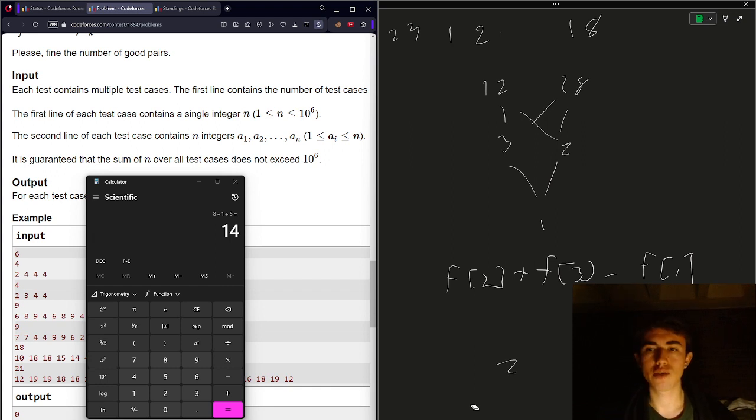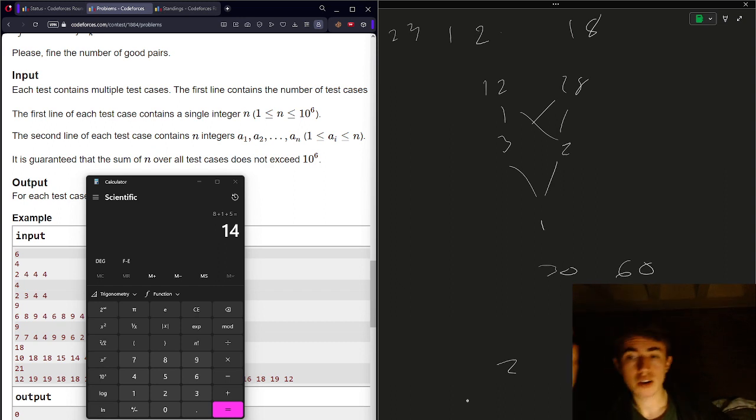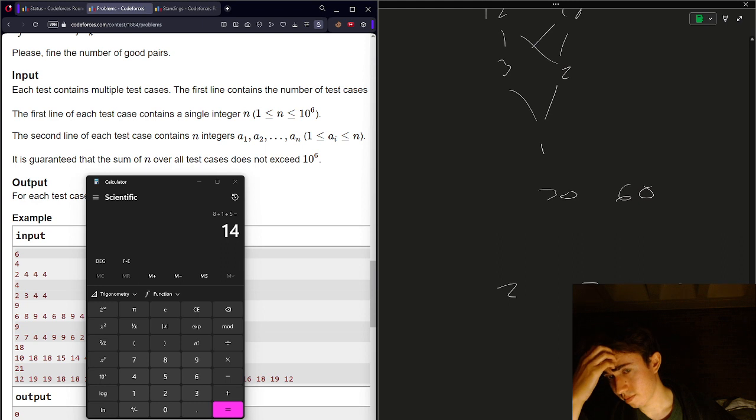Right, we can have something like 2, 3, 5, and then we have like 30 and 60, right? So this pair will be counted for 2, 3, and 5, which are all relatively prime. How do we know to subtract out twice? Okay.